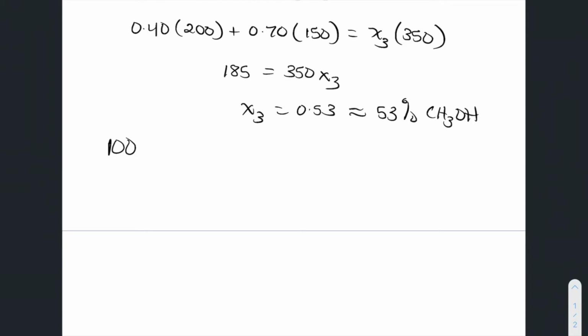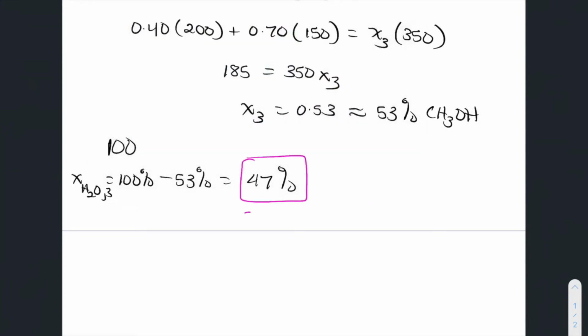So if we have 53% methanol, then the mass fraction of water in the third stream should be equal to 100% minus 53%. This is equal to exactly 47%. So that means the mass fraction of water in the third stream is 0.47, or 47%.